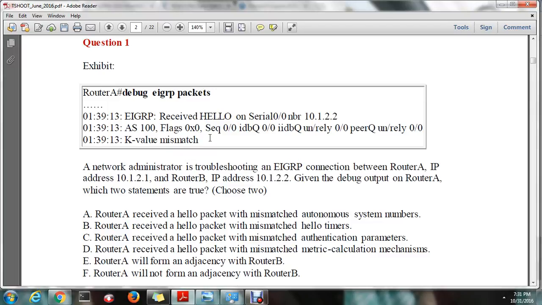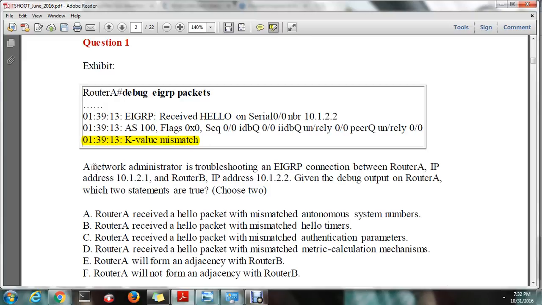Then AS100 denotes the autonomous system number was configured as 100. There is relay packet, peer, and relay sequence, and we are not going to see about this one. Next is a k value mismatch. This is the thing we are going to discuss.